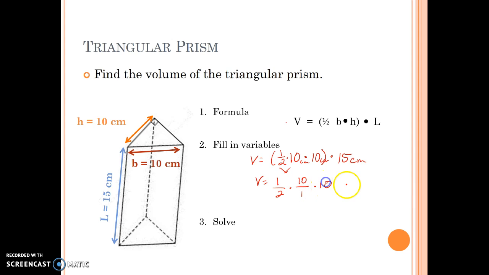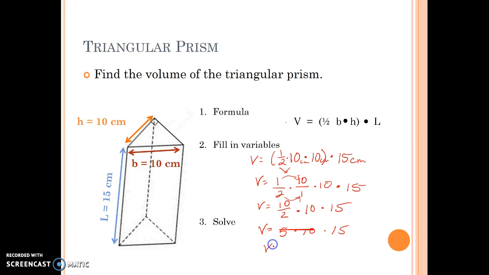So I'm not going to write all of these numbers as fractions, just the first two. Volume equals 10 over 2. I multiplied this: 1 times 10 is 10, and 2 times 1 is 2. So 10 over 2 times 10 times 15. Volume equals 10 divided by 2 is 5 times 10 times 15.